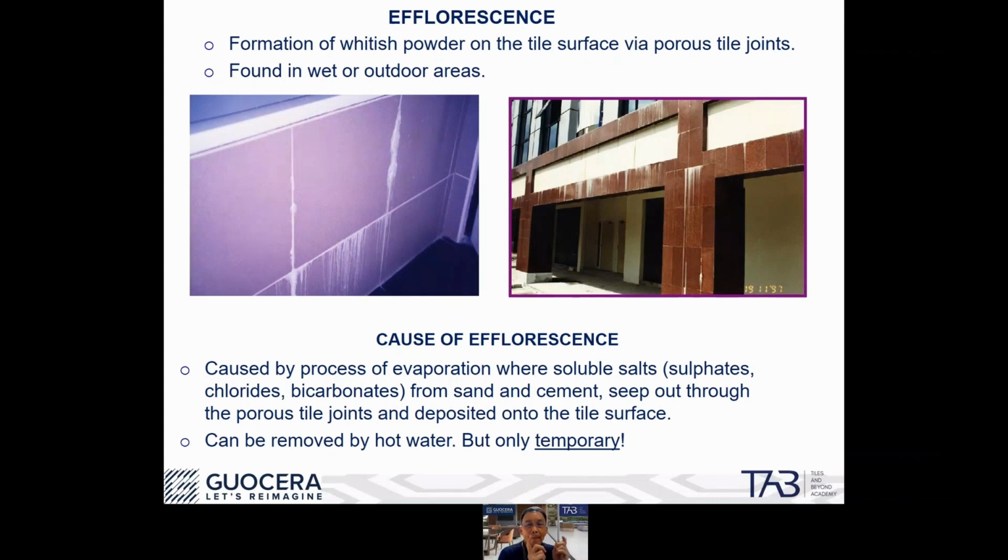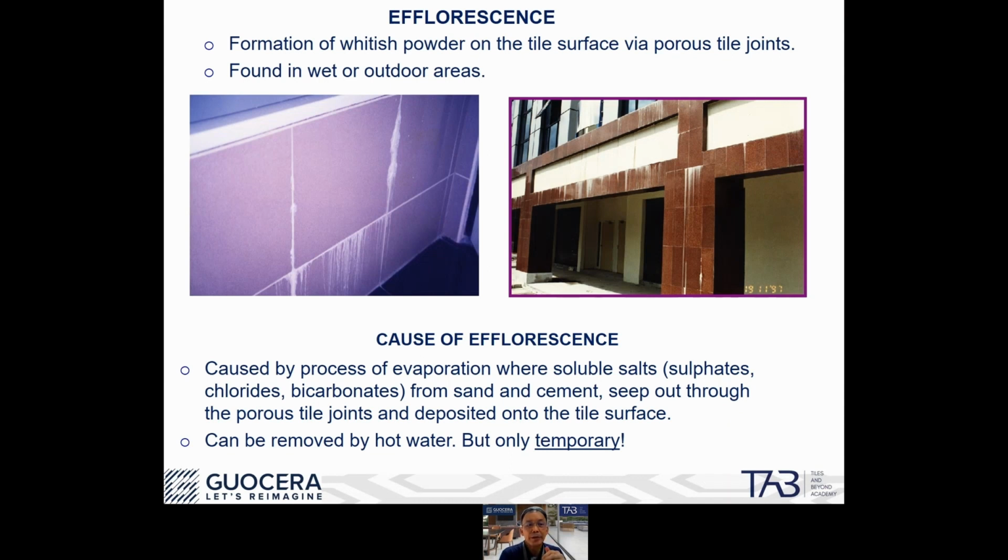Now, cement and sand contain a lot of soluble salts. So efflorescence is not caused by the tile. For example, we are using porcelain tiles, zero water absorption. There are no soluble salts in the body of a ceramic tile.